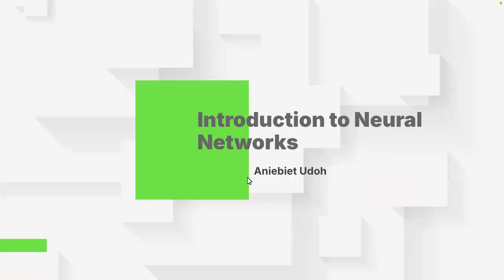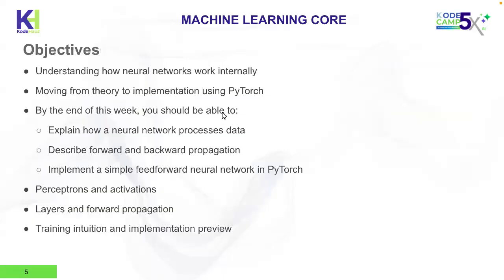Okay, so we are starting off with an introduction to neural networks. And so for this week, we will look at basically right from the basics of neural networks, how they work internally, internal representation, the history of it, right?